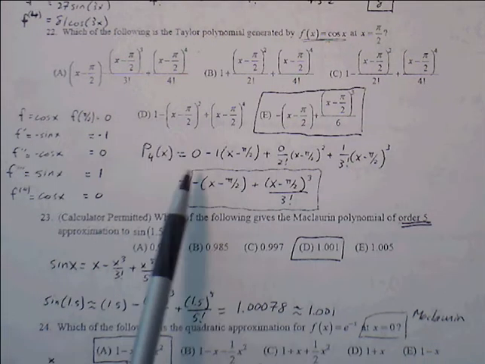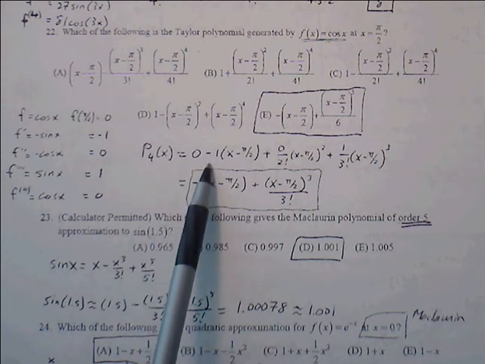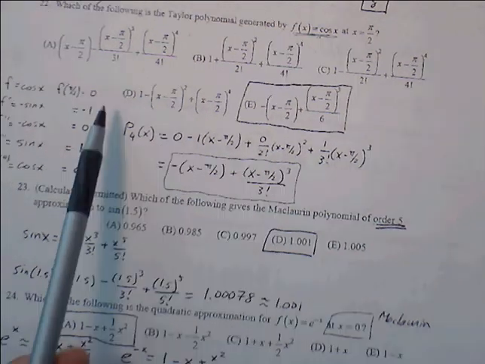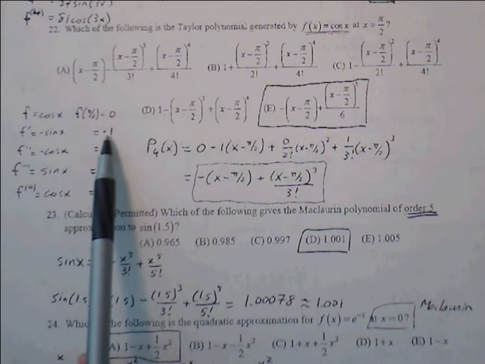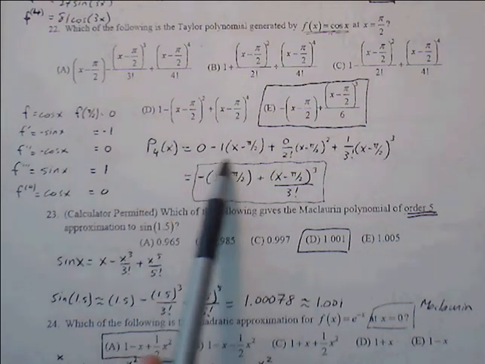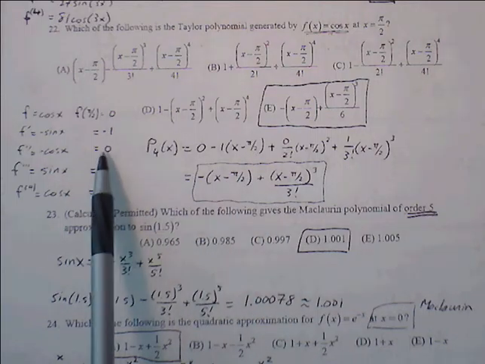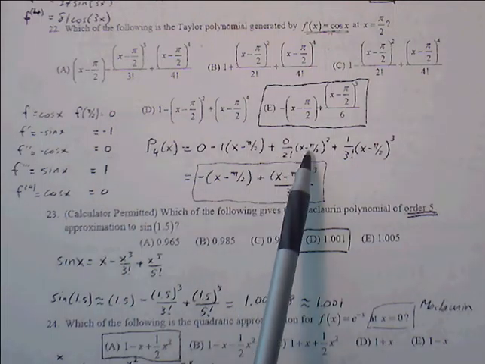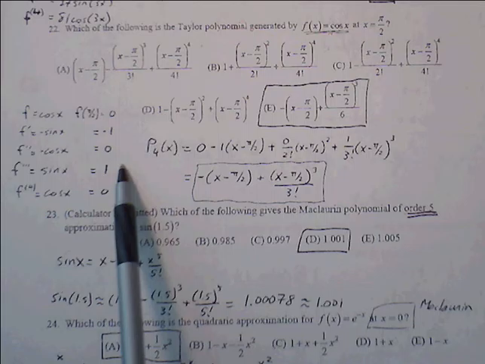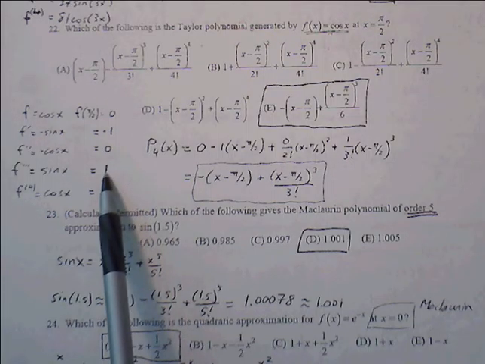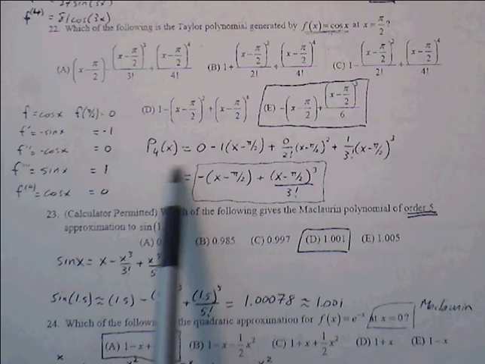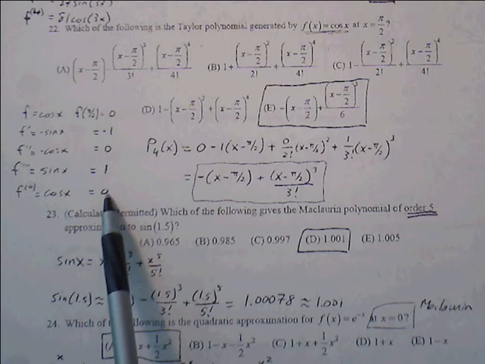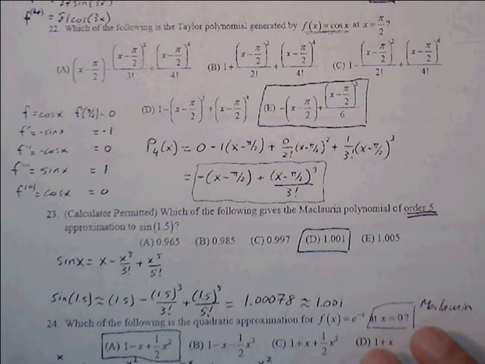If we build our terms, it is y sub 1 plus m times x minus x sub 1. So we're taking our ordered pair and our slope and creating our first two terms. Then from there we go to the second derivative evaluated at the center over 2 factorial times x minus the center squared, and then the third derivative, which is 1 over 3 factorial times x minus the center, pi over 2, cubed, and finally 0 over 4 factorial times x minus pi over 2 to the fourth.